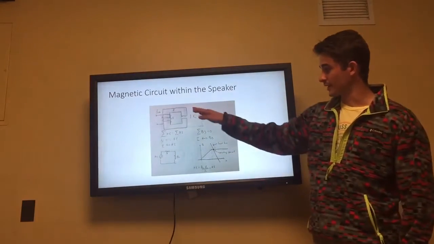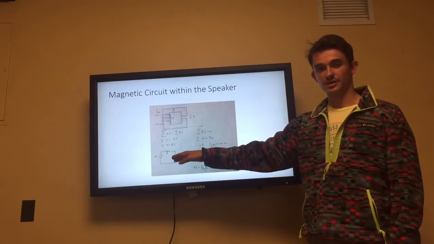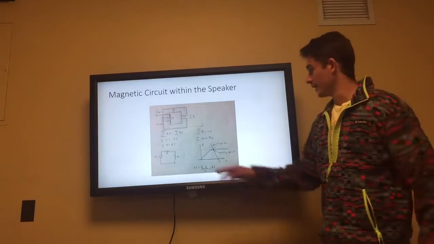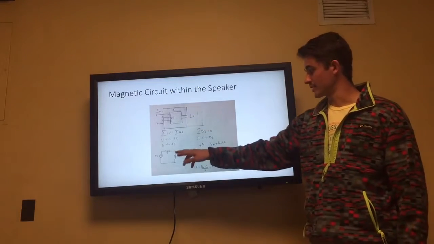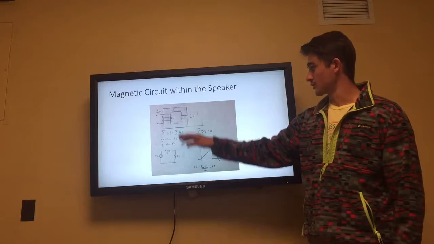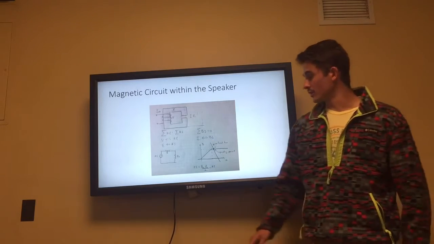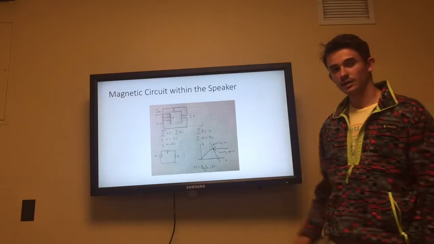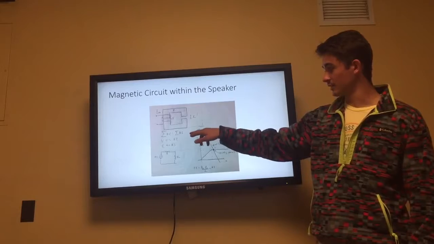If we have this magnetic circuit right here, we can model it as an electric circuit. This R naught goes with the air gap, and this R goes with the magnetic core. What we'll notice here is that the sum of HL is equal to the sum of NI.